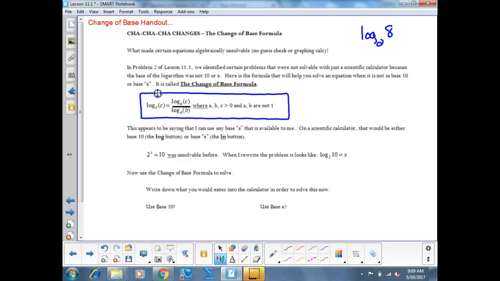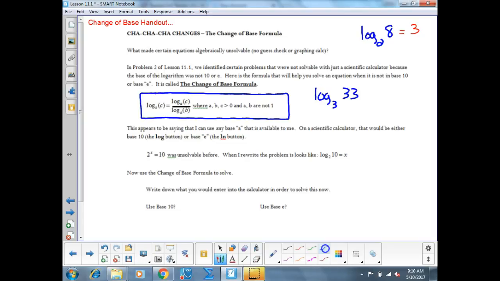We've done those already. What I mean here is, what if we had log base 3 of 33? What power do I put on 3 to get 33?